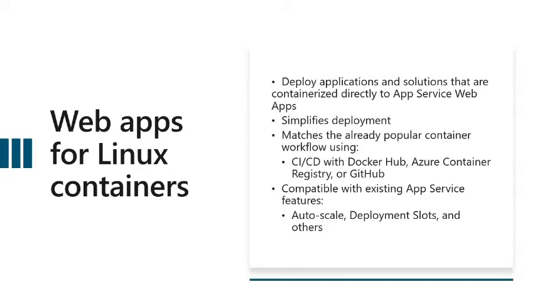Web App for Containers uses Docker container technology to host both built-in images and custom images as a platform as a service. And this is compatible with existing app service features such as auto-scale, deployment slots, and others. You have CI/CD, Docker Hub, Azure Container Registry, and GitHub.